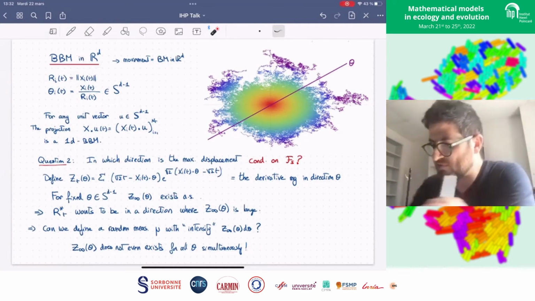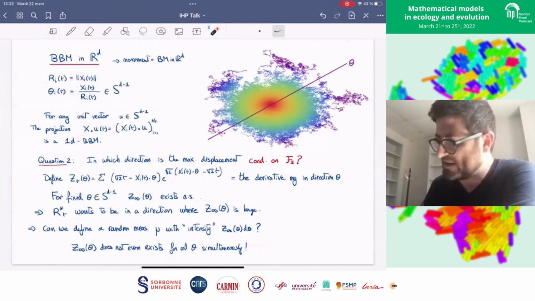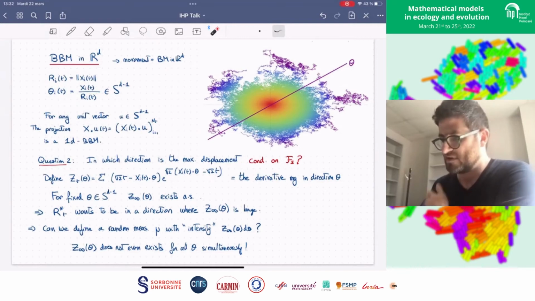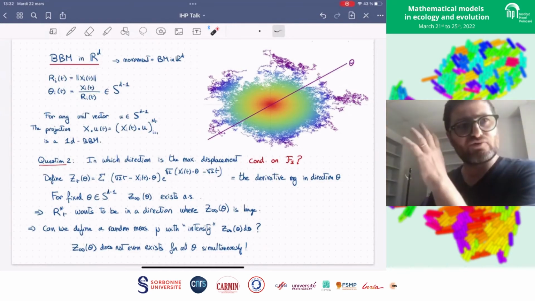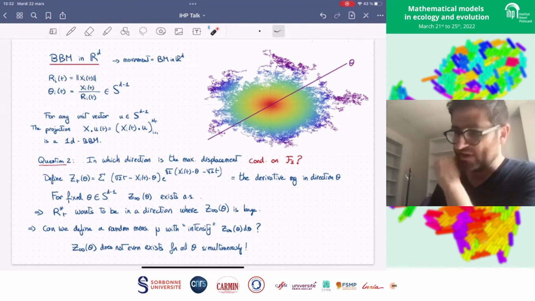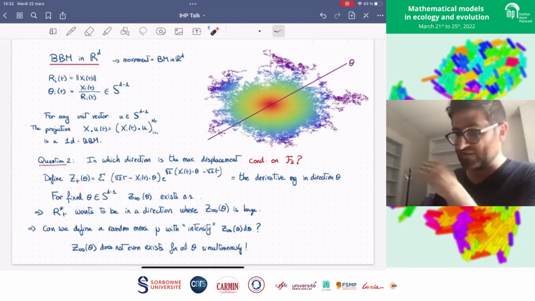So the second question was, in which direction are you going to find this maximal displacement, conditionally on F_s, conditionally on what you observe at small times? Okay, so we want to do some sort of an analogy with the one-dimensional case. And so let me introduce Z_t of theta, which is the derivative martingale.